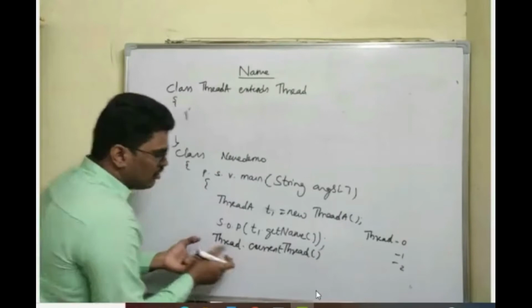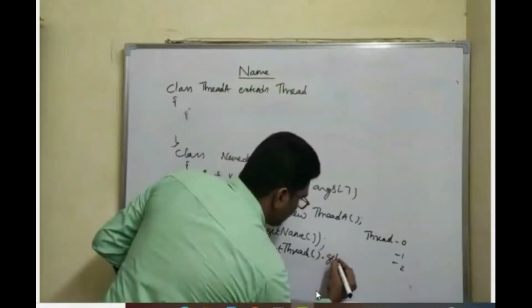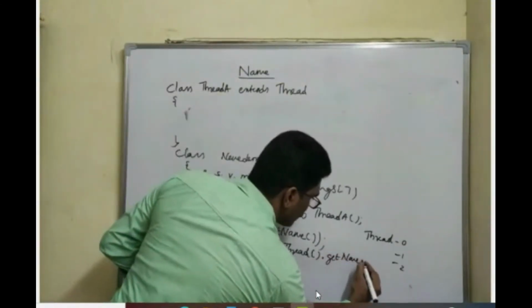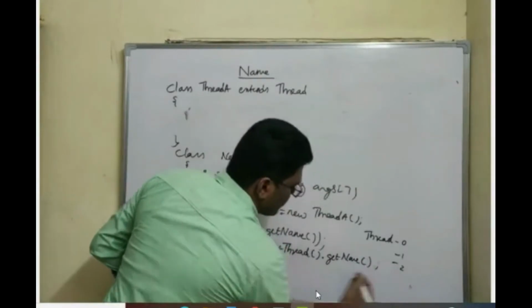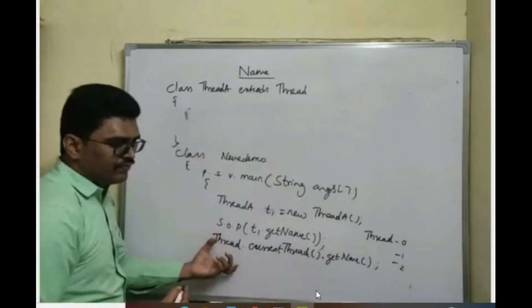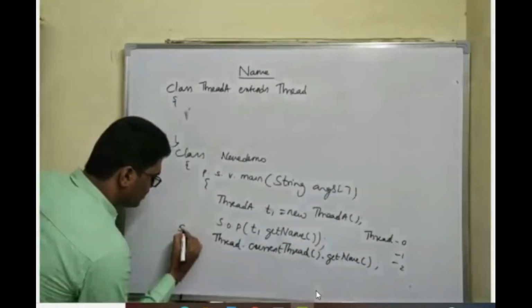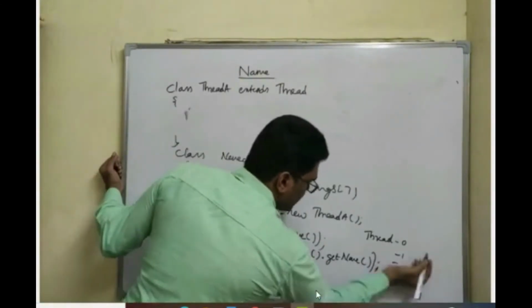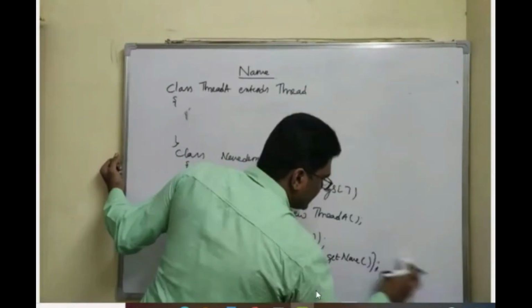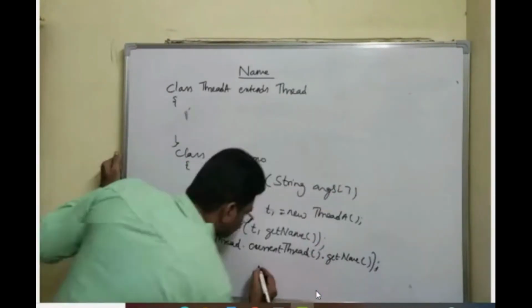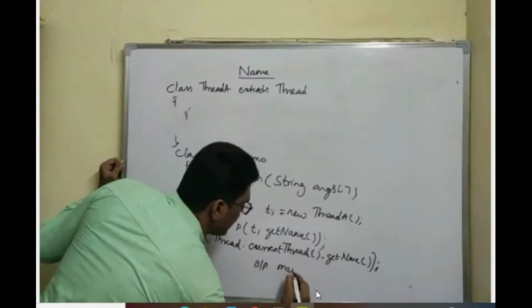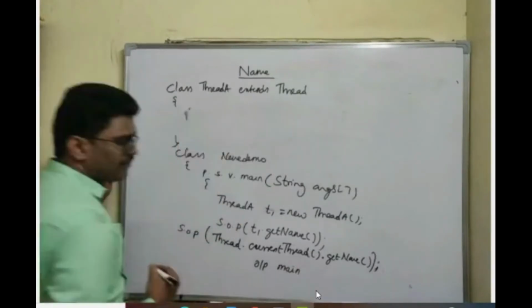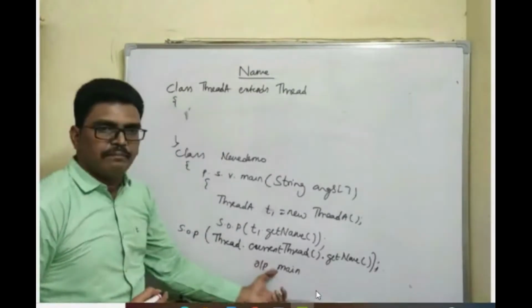So currentThread().getName(). If I give that inside System.out.println, I'll get the name of the main thread. By default, the output is main.